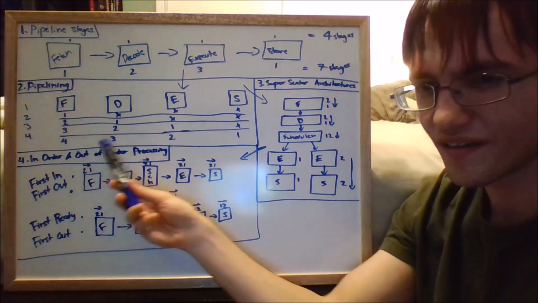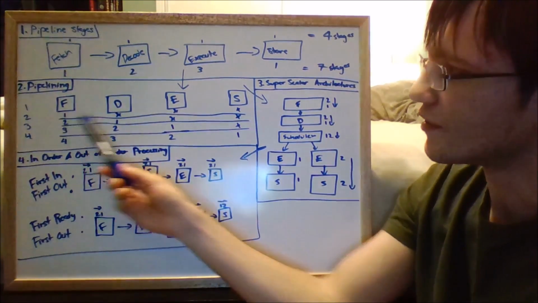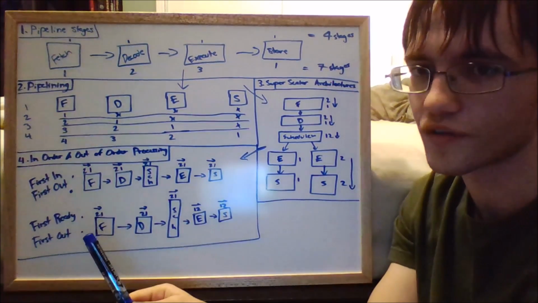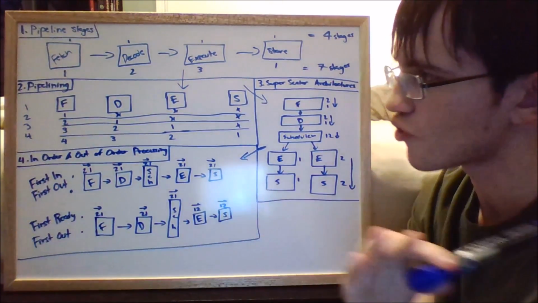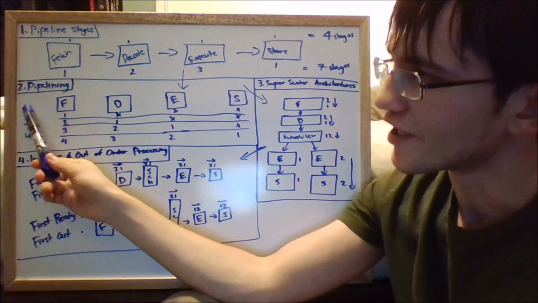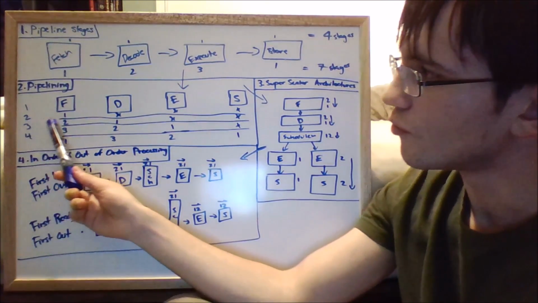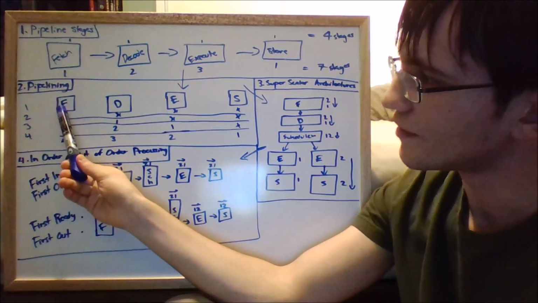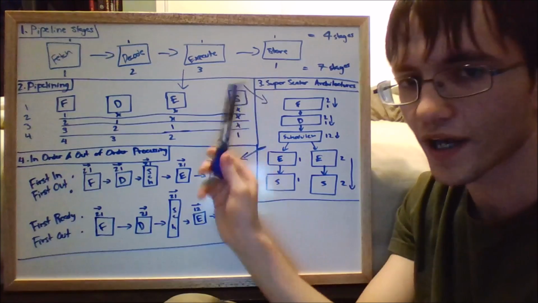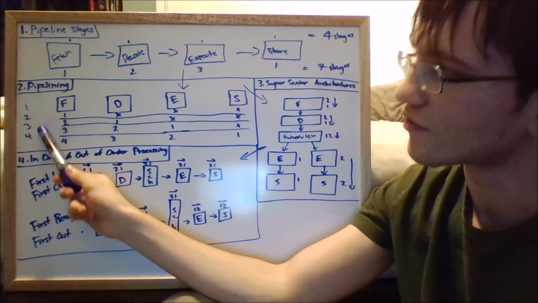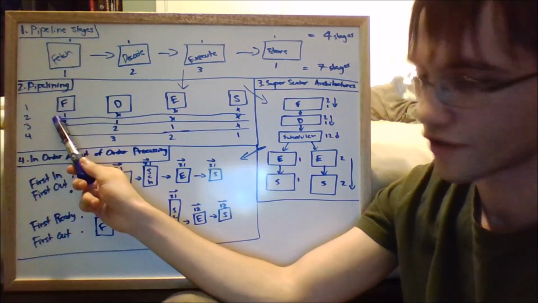Now, there's this little chart here. These X's basically mean empty. Let's say you just turned on your CPU and you have 4 instructions right away. You get issued the first one, the second one, the third one, the fourth one. Let's also clarify that each step can only handle 1 instruction at once. The first instruction, first clock cycle, will go into the fetch stage.